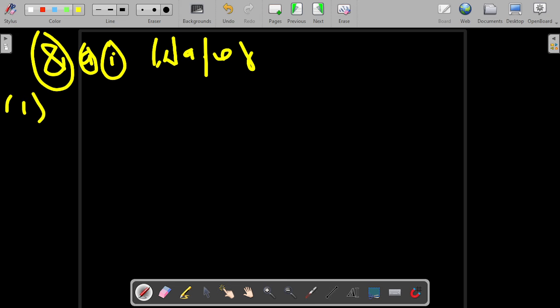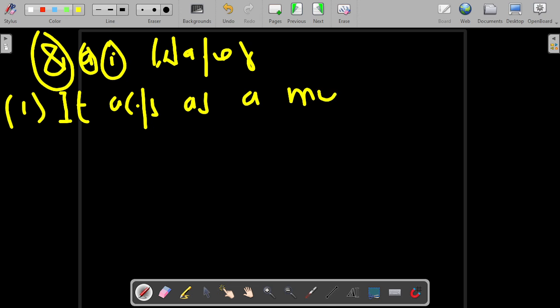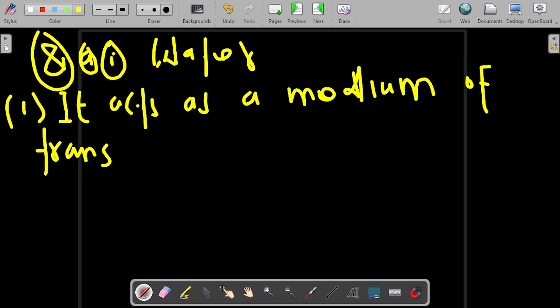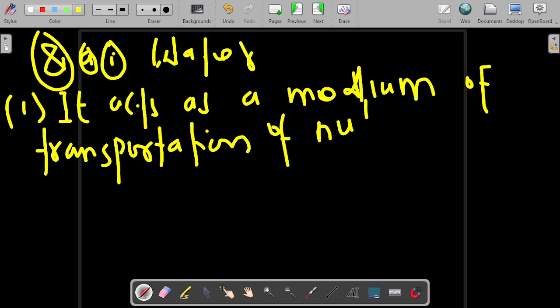So let's write the functions. 1, it acts as a medium of transportation of nutrients and waste products.